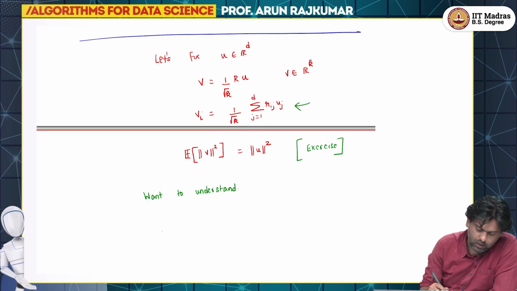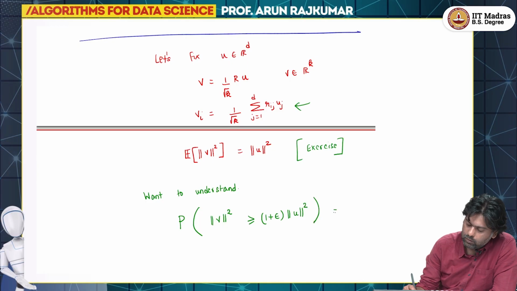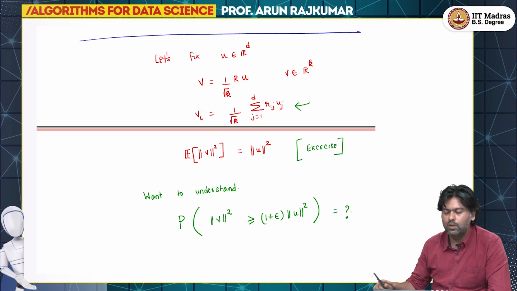I want to understand the chance that when I do this once, the length after the transformation is too far away for my comfort level, beyond 1 plus epsilon times norm u squared. So, I want to understand this probability.